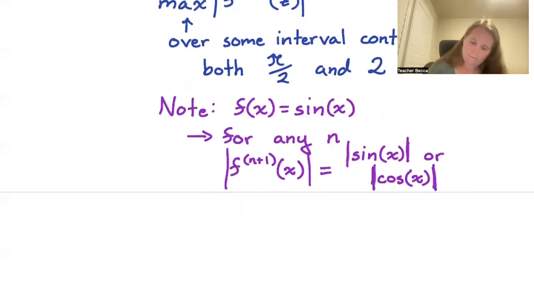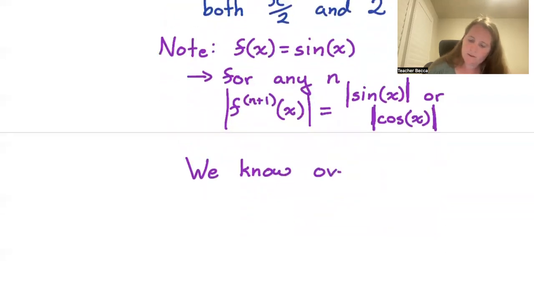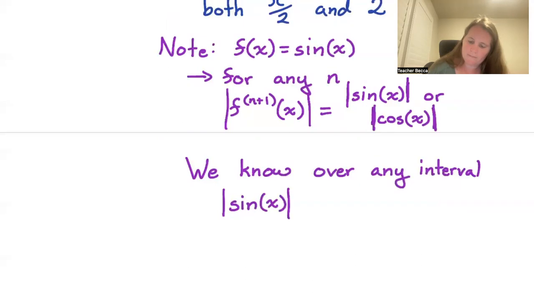So we know that over any interval, absolute value of sine x is less than or equal to 1.